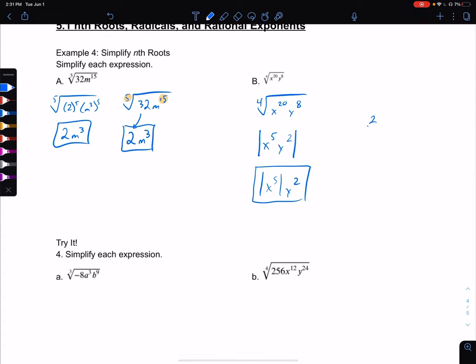So even if it was a square root or a 6th root, you're going to need absolute values, whatever number is on inside here. And then once you have that absolute value inside, you will need to keep any odd exponents inside, the x to the 5th in this case, and the y squared, since y squared will always be positive, you can take it outside of the absolute value. Again, sorry about that. I don't make the rules, but this rule needs to be in place, so be careful with that.